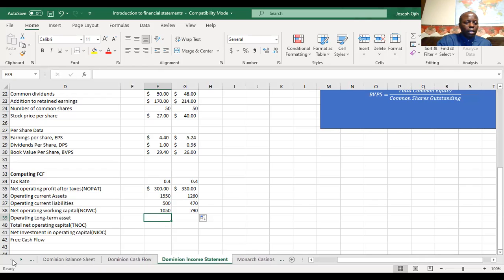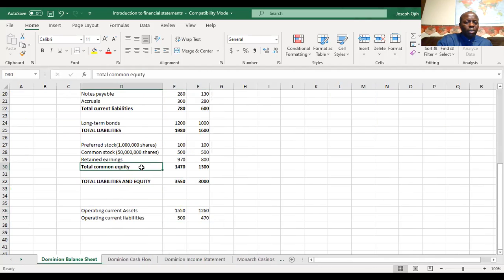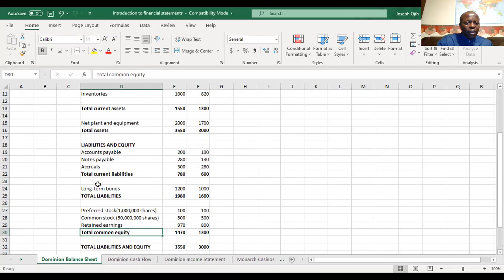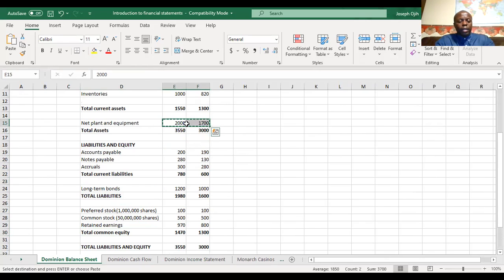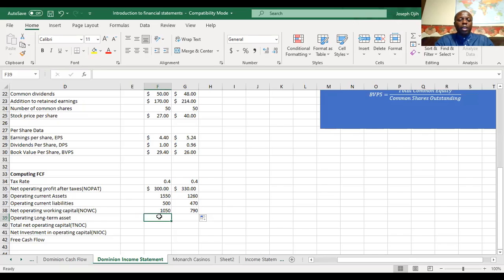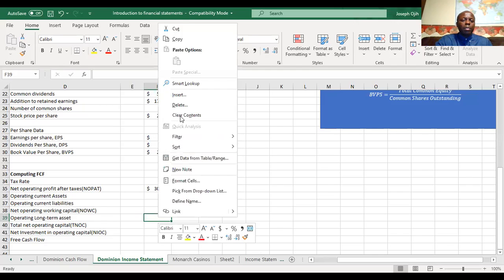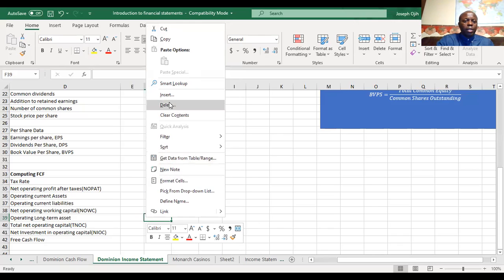So let's see, balance sheet. The only operating long-term asset we have here is net plant and equipment. So I will just copy it from here and then go to the Dominion Computers income statements and paste it. Again, remember we are pasting. Oh, you didn't give me paste options.